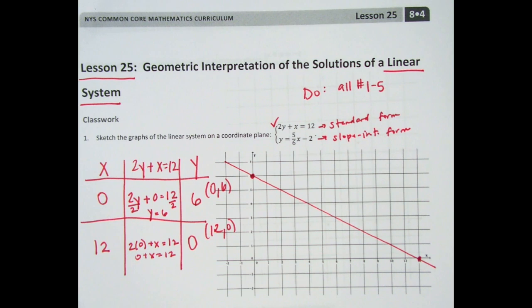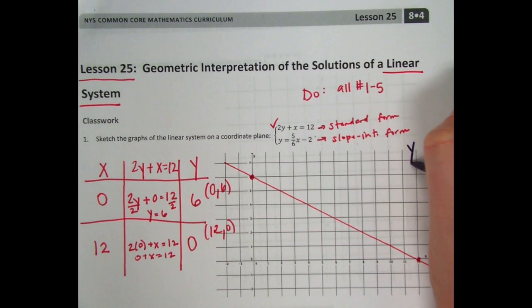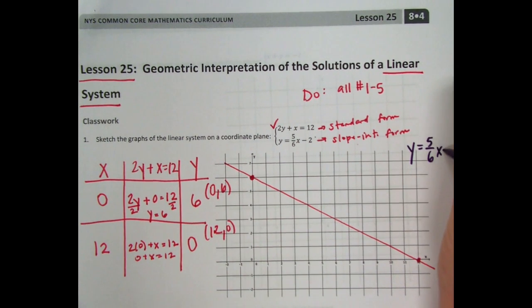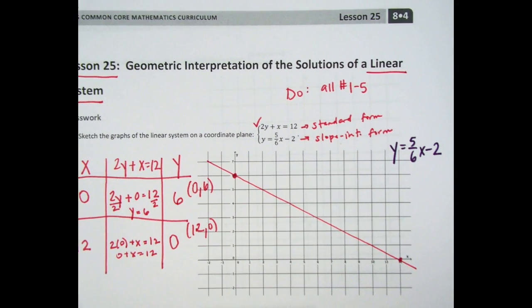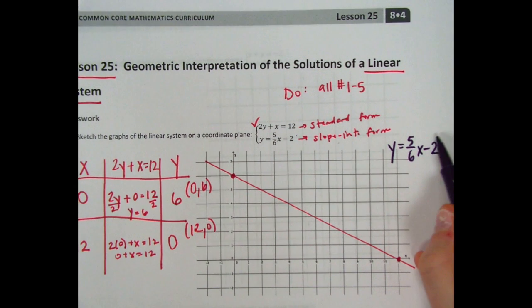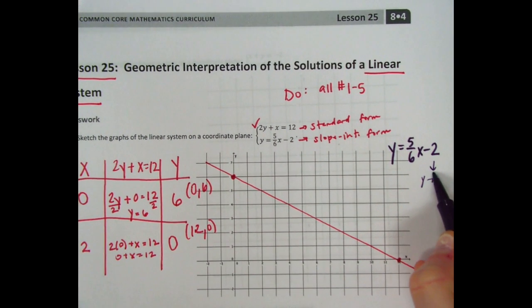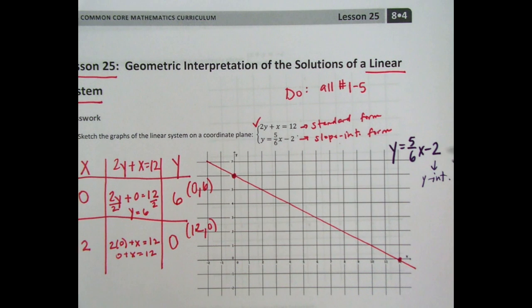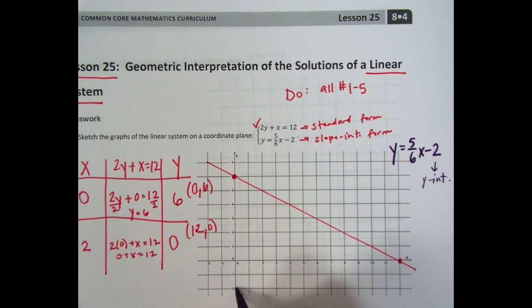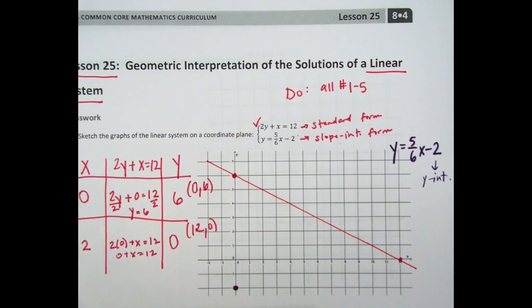The second thing we're going to do is graph the next equation: y equals 5 over 6x minus 2. Our y-intercept is where it crosses the y-axis, so I'm going to go to the y-axis, starting at -2.